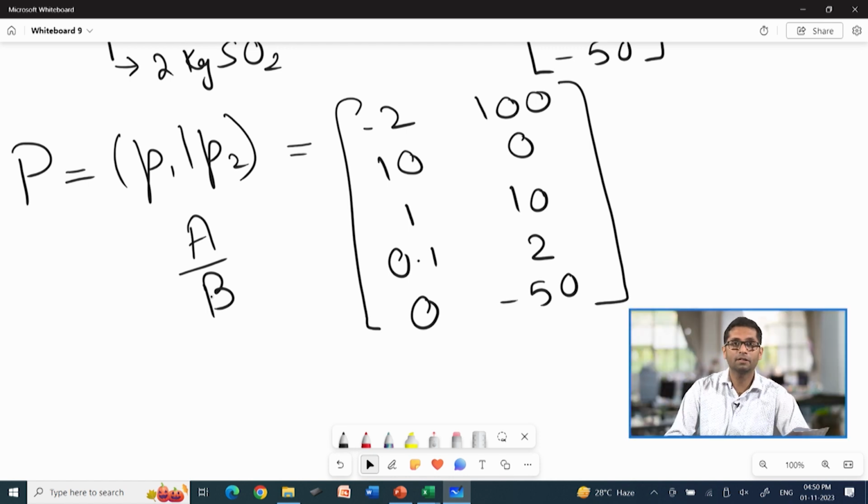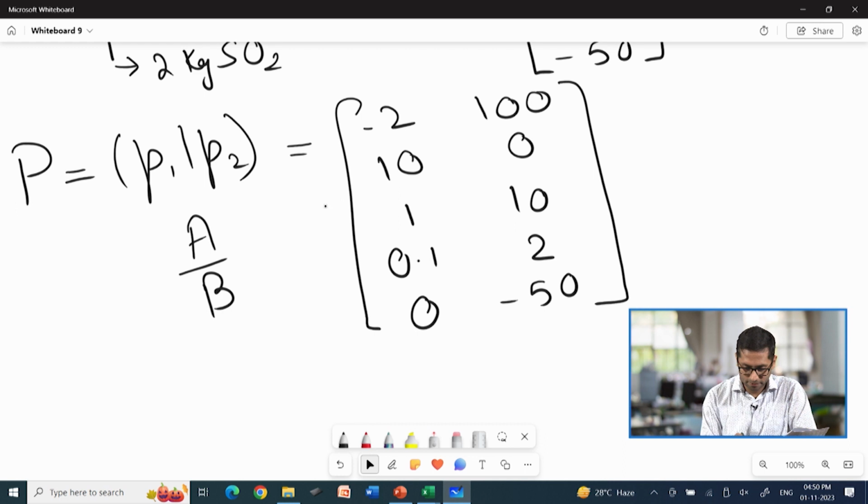What are the economic flows? These are the flows that are coming from the human activities, and in this process, this would be the fuel, which is generated by the human intervention, as well as the electricity that is generated by the human intervention. What is the B matrix? The B matrix is basically the environmental matrix, which are the flows in and out of the environment, which basically pertains to the CO2 emission, SO2 emissions, as well as the crude input.